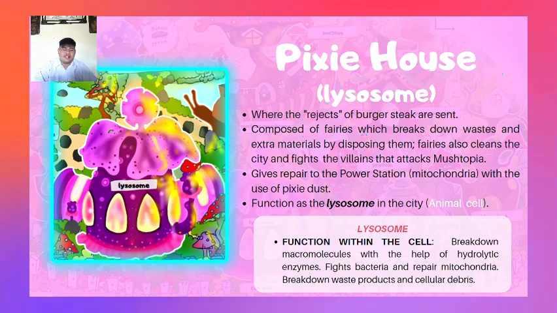The fairies also clean the city and fight the villains that attack Mushtopia. The pixie house also repairs the power station, which is the mitochondria, with the use of pixie dust. So it functions as a lysosome in the city, but it can only be seen in the animal cell.